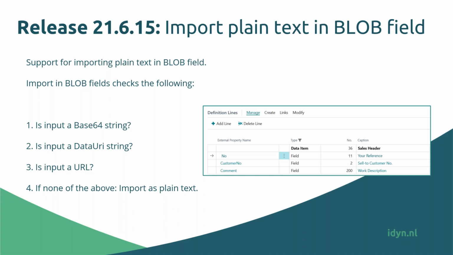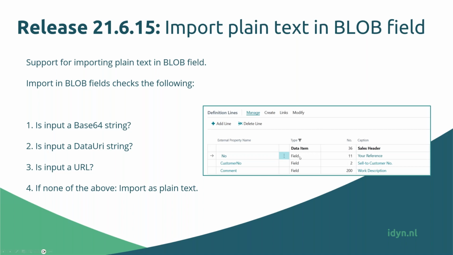The third option is if it's data that needs to be retrieved from an external URL. In that case, it would do an HTTP request. And if none of those options return true, then we will consider it plain text. And in that case, the plain text will simply be imported into the blob.